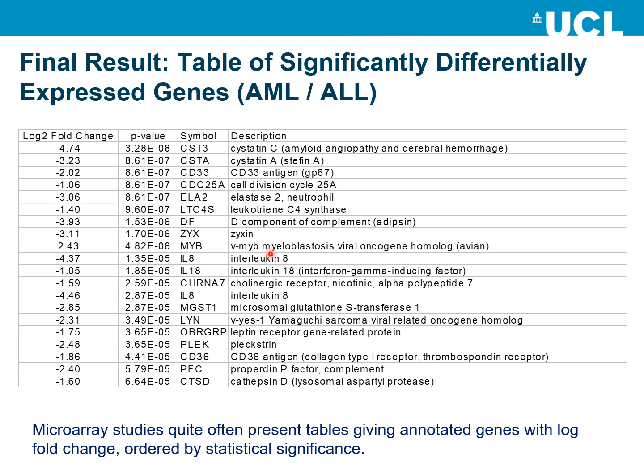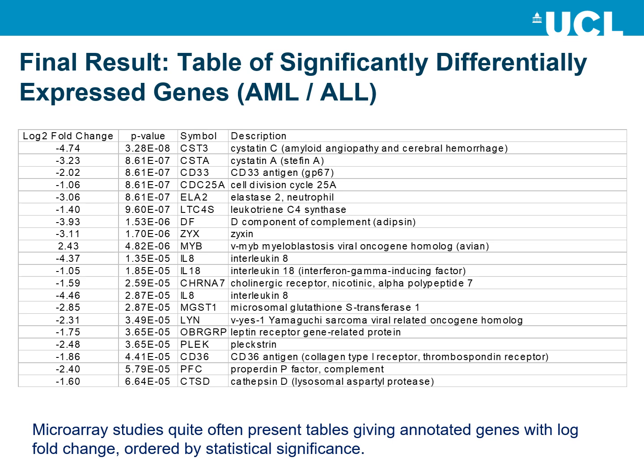MYB is a myeloblastosis viral oncogene, so that immediately tells you it's involved in myeloid leukemia, and it's an oncogene, so it's a cancer-inducing gene when it's mutated. So this is the final output, and a bioscience researcher would go down this list looking at what are the functions of these and how they might be involved in the disease under study, for example.